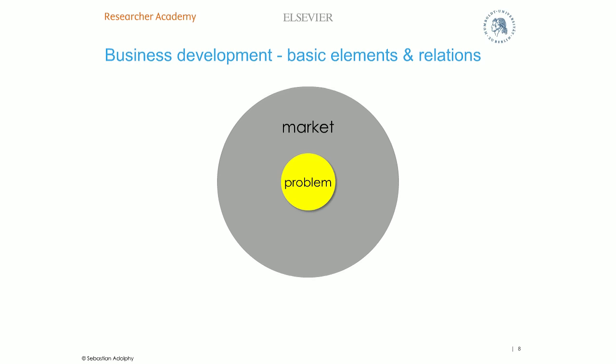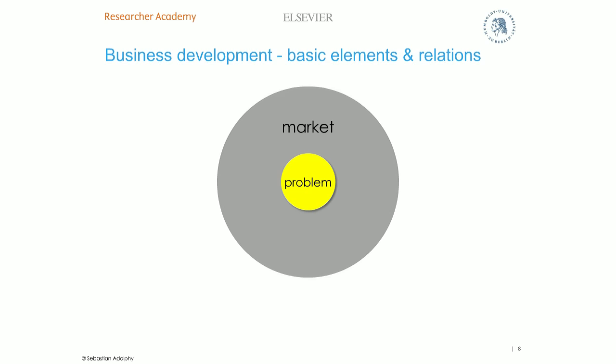So in the center of your business development would be a problem that some customer has, that he's waiting for a solution. And the customer normally is part of a market which you will be operating in if you want to solve this problem.